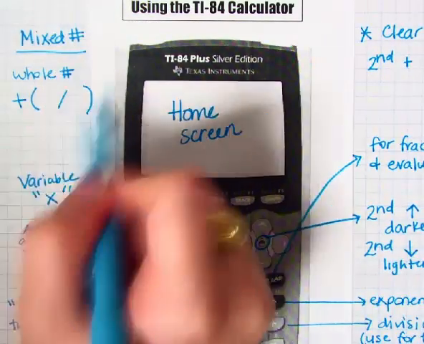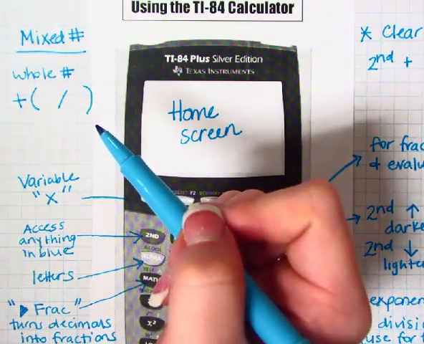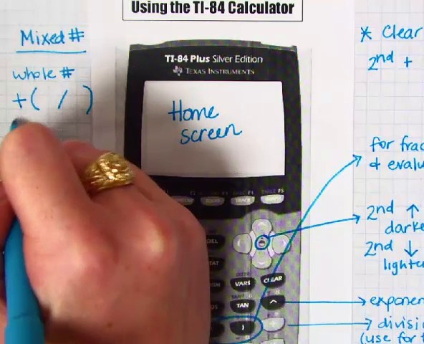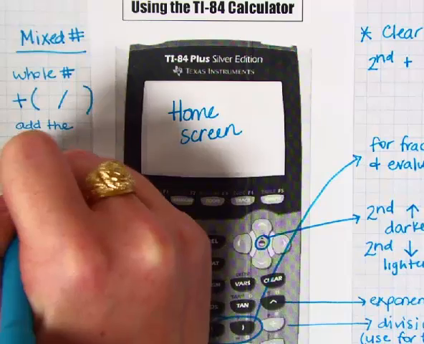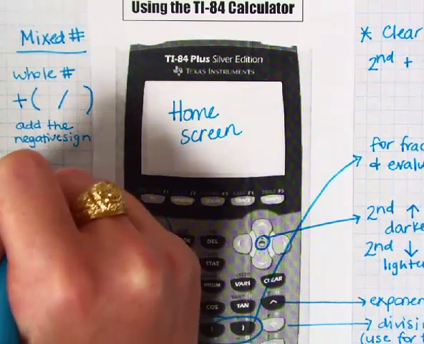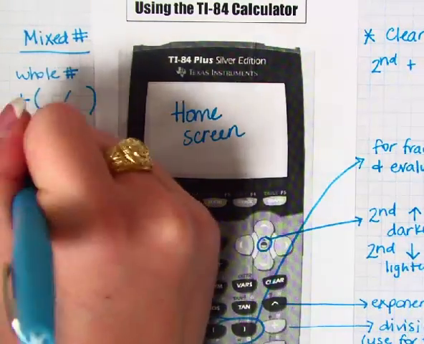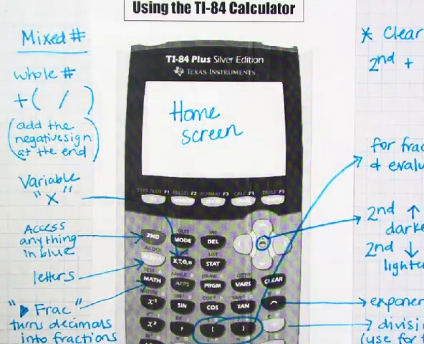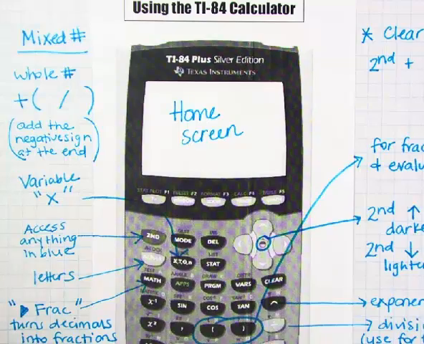Now, the one thing you have to be careful about on the mixed numbers is when you put it in, don't worry about negative signs. So just as a note, add the negative sign at the end. So that means after you've typed it into your calculator and you get your answer, if it was supposed to be negative, then stick the negative on there.